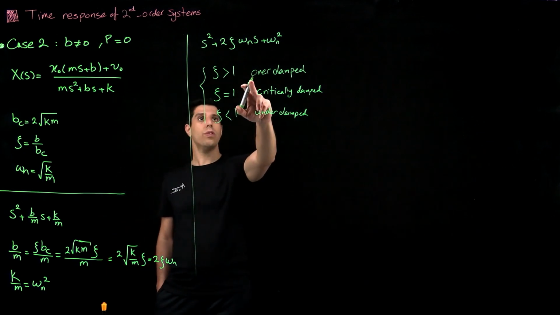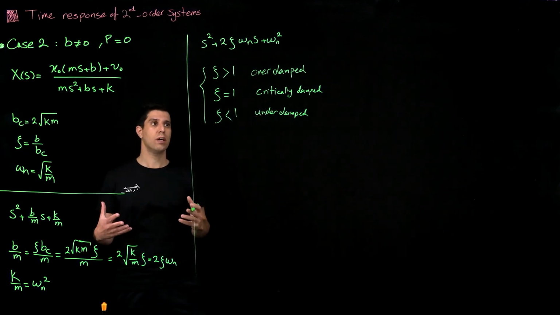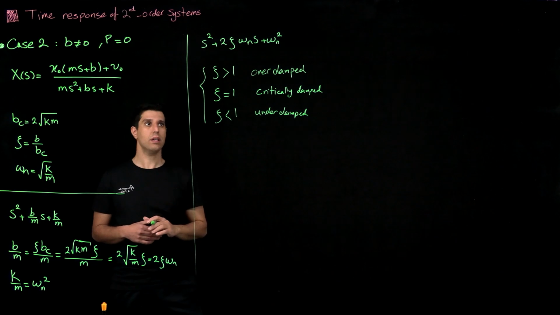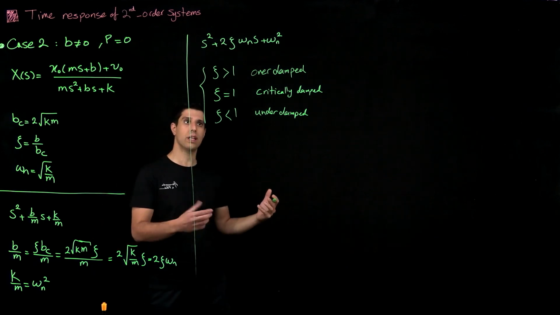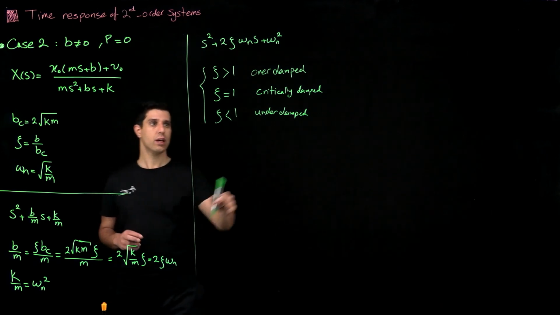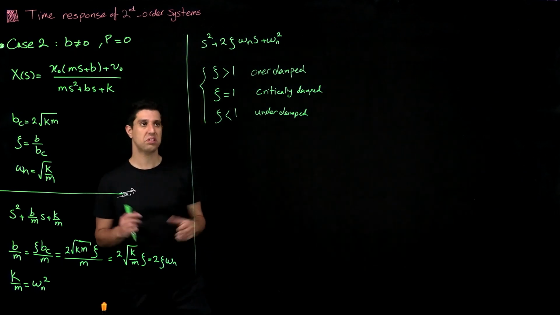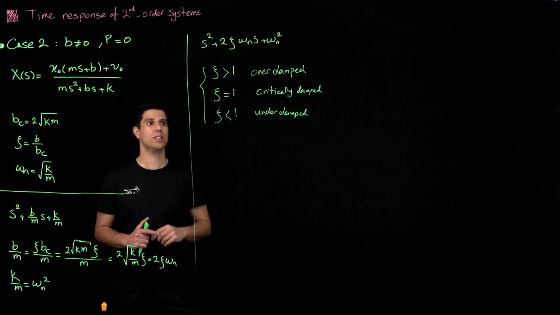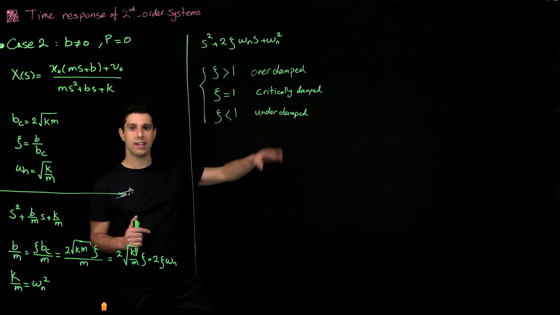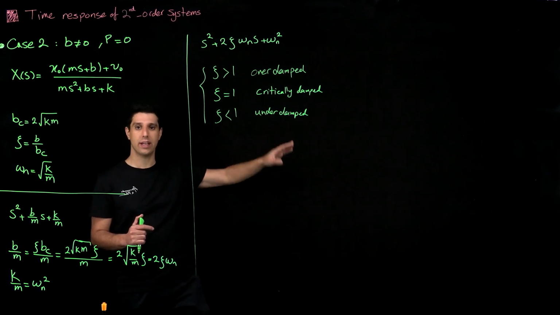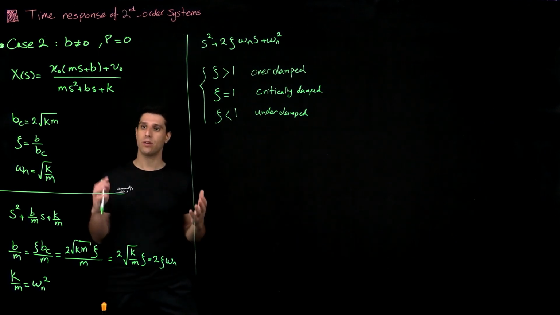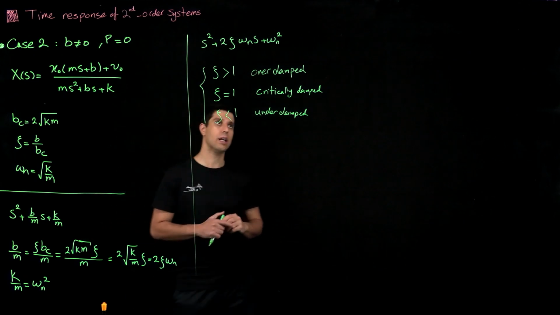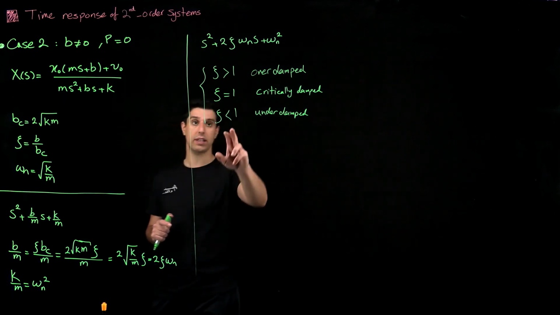So overdamped means the system has so much damping in it that it is not allowed to oscillate. Conversely, underdamped, the system is kind of relaxed and loose, so it can afford to oscillate. There is not enough damping or resistance force that prevents it from oscillating.